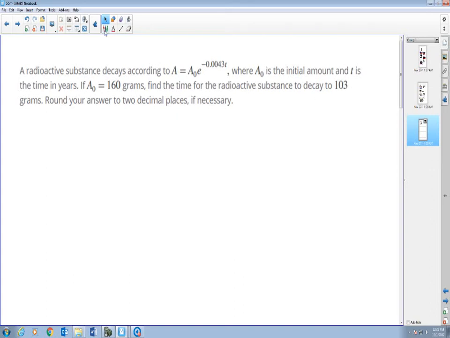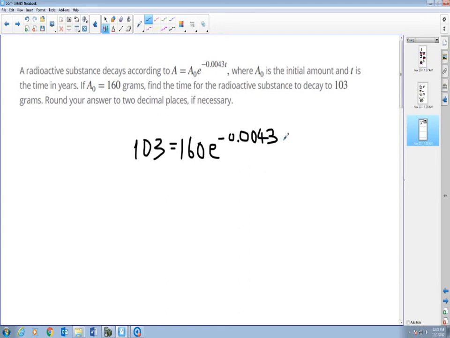So that means I want to decay down to 103 grams. That is equal to initially started with 160 grams times e to the negative k times t power. So the question asks me to find the time it takes to decay to 103 grams.